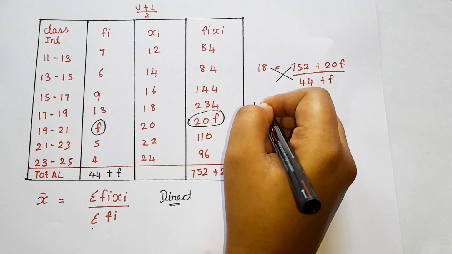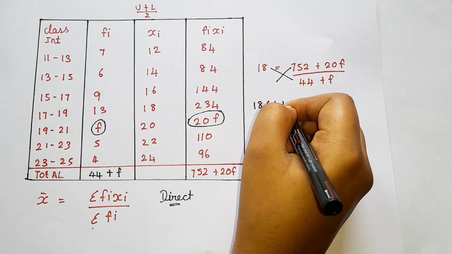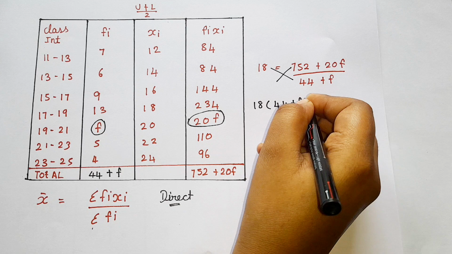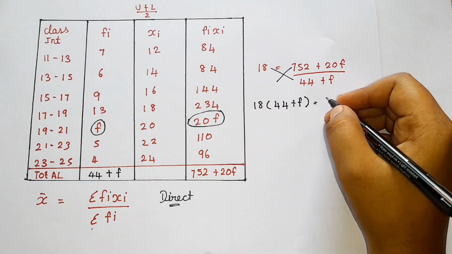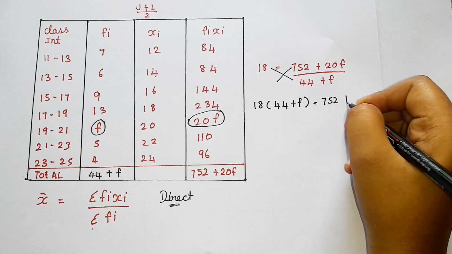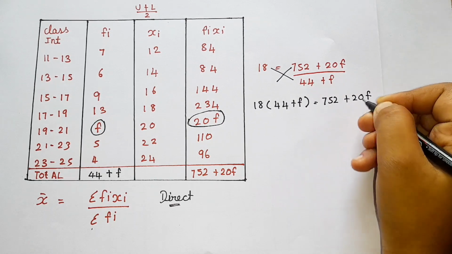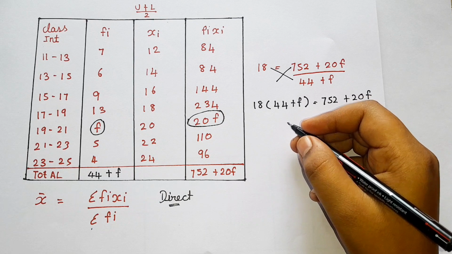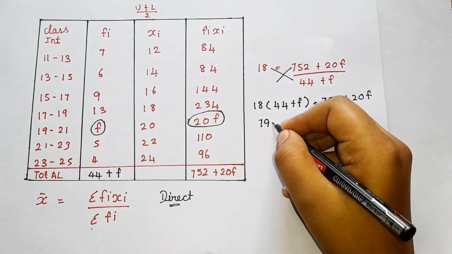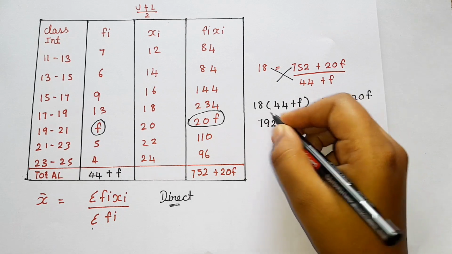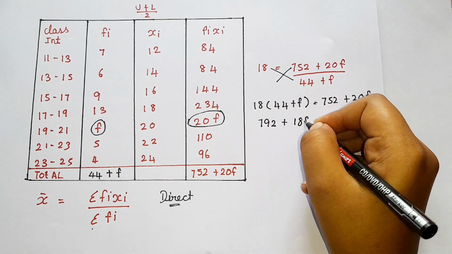So we'll get 18 into the bracket 44 plus F, is equal to 752 plus 20F. When we multiply it, 18 into 44 is 792, plus 18 into F is 18F.